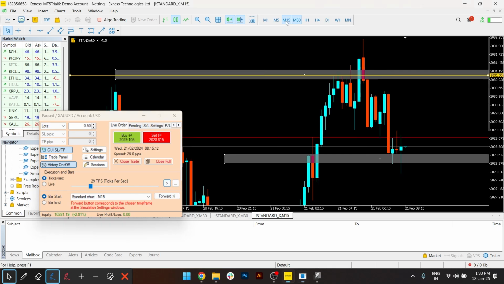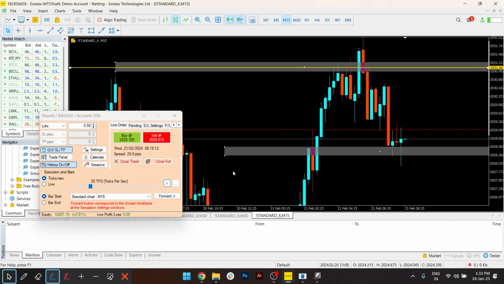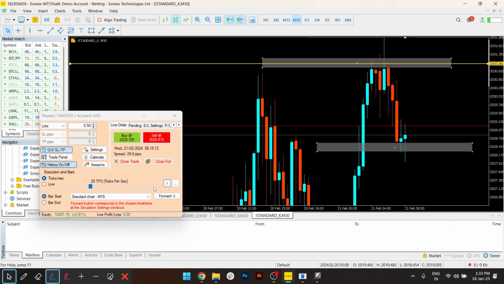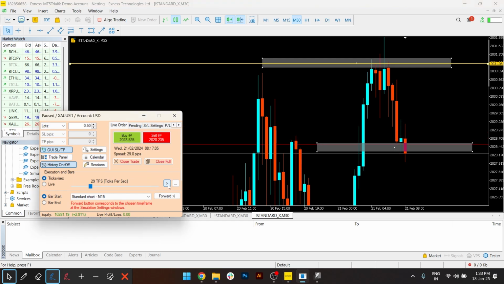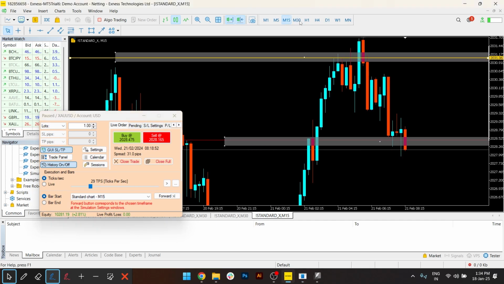The 15-minute closed, consolidating. It closed bullish, but it is consolidating. Nothing much. Now if it is breaking the low, I think there is a good probability for us to take a sell. Maybe an impulse entry to go down, and we will risk one lot.